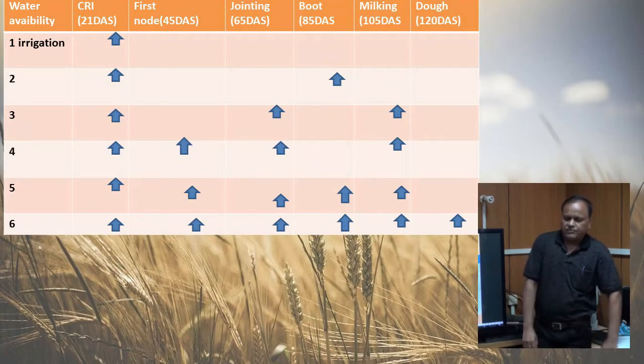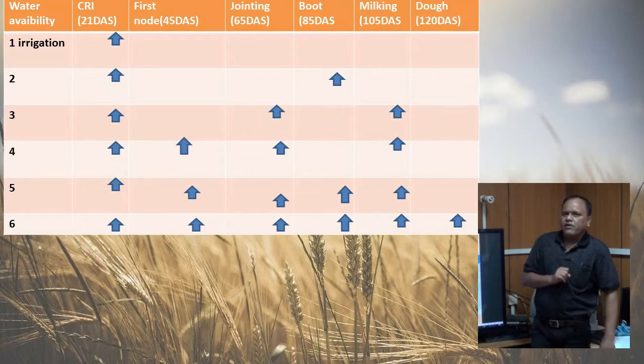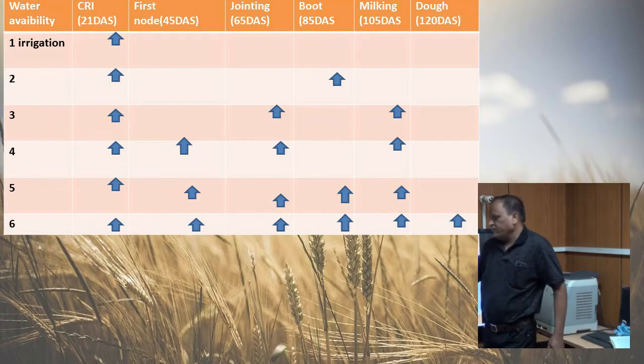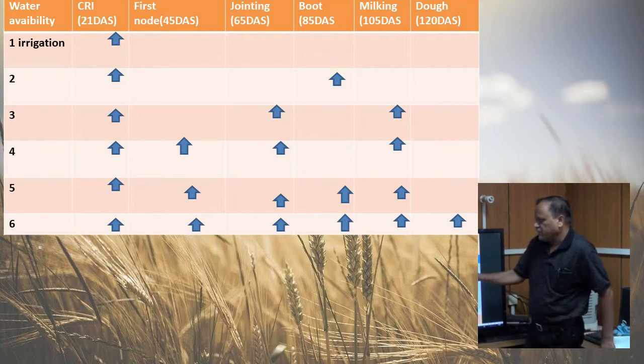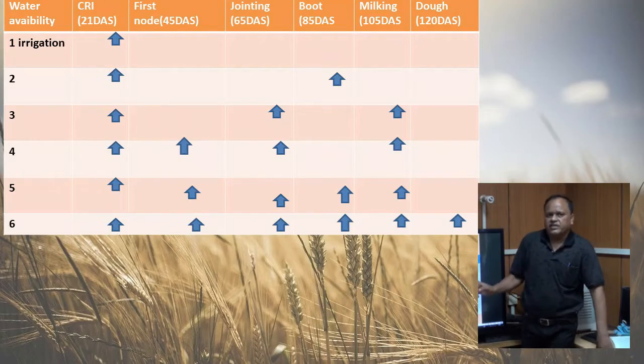So if farmers have only one irrigation, then definitely they should apply the water at 21 days after sowing. Suppose some farmers have two irrigations, then the first irrigation must be given at CRI stage, that is 21 days after sowing, and the second irrigation at boot stage.